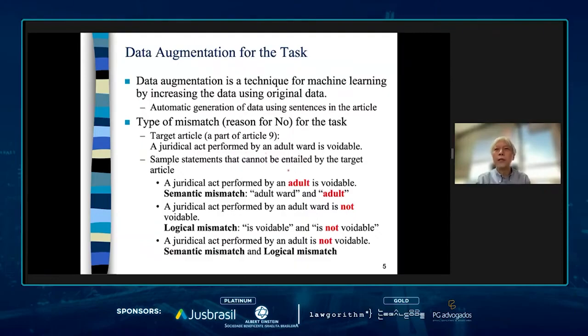When we replace adult ward with adult, this is a semantic mismatch. We cannot entail such a question from this article. Another type of mismatch is a logical mismatch, that is flipping the decision, adding not or removing not. It's not so easy to prepare an appropriate set of such semantic mismatch pairs, but it's much easier to make this type of logical mismatch systematically.